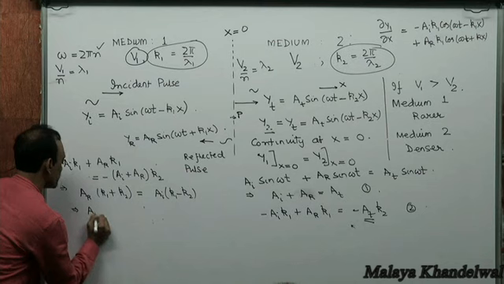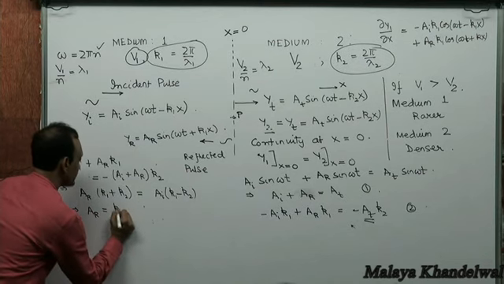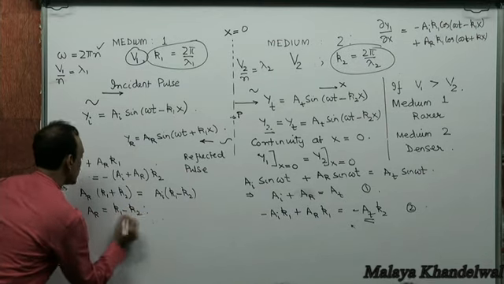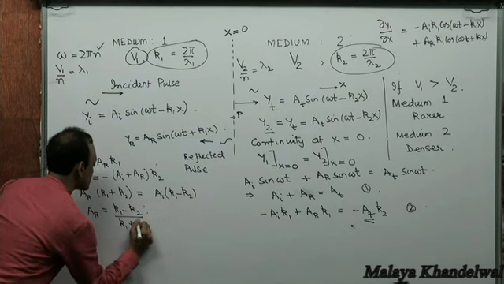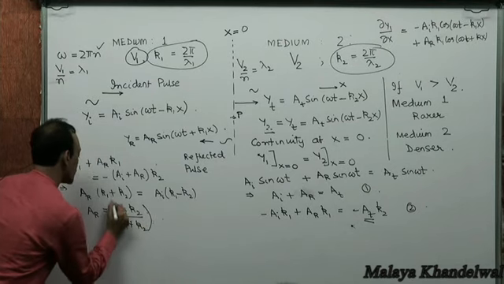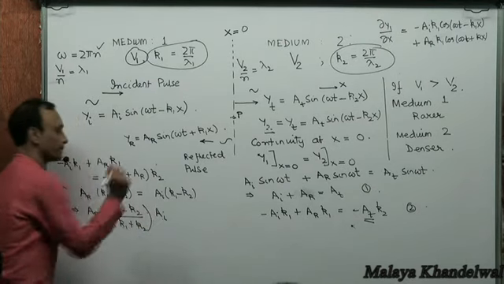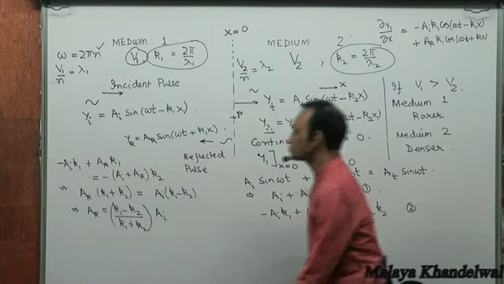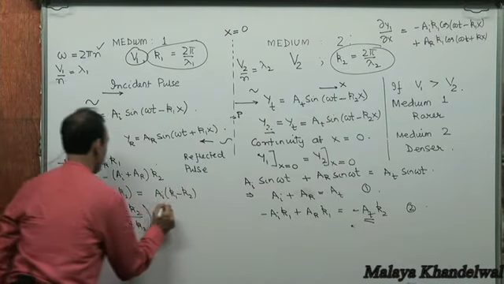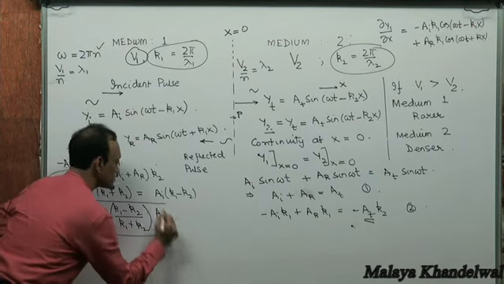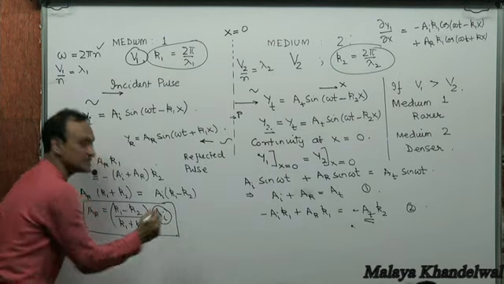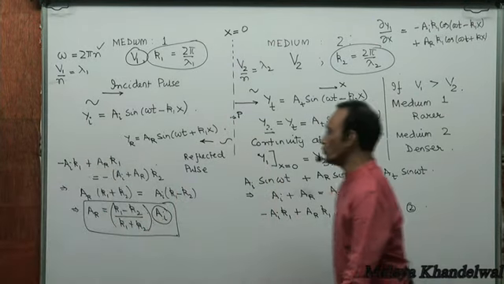And Ar then is (k1 minus k2) divided by (k1 plus k2) into Ai. Yes or no? That's the amplitude of the reflected pulse in terms of the amplitude of the incident pulse Ai.